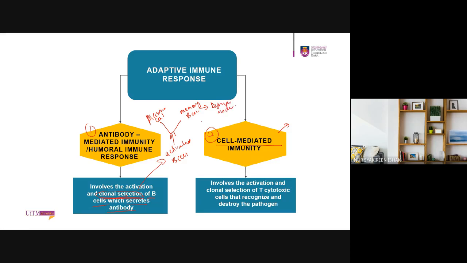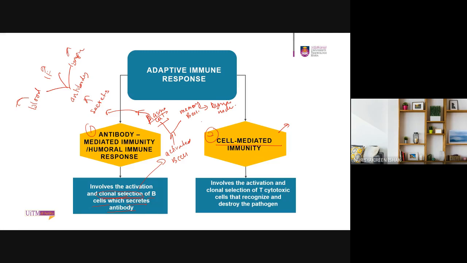Okay. So same goes to the cell mediated immune response. Before we go to the cell mediated, saya lupa nak bagi tahu, this plasma cell will produce and secrete antibody. Antibody will circulate in blood, interstitial fluid, and also lymph, so that it will find that specific pathogen in either of these three body fluids.